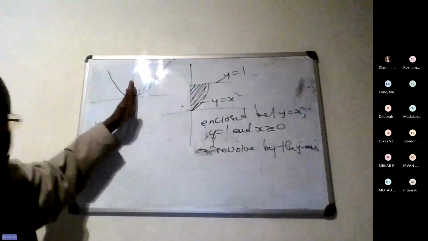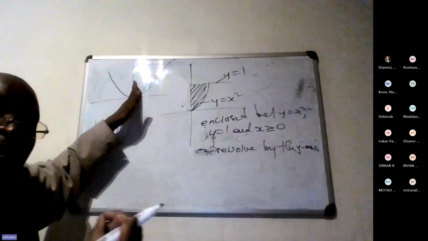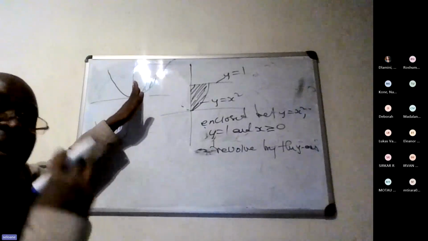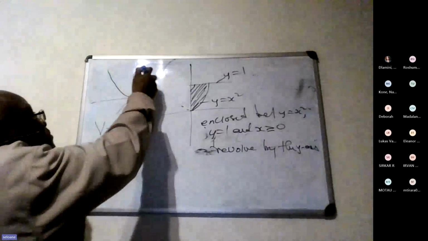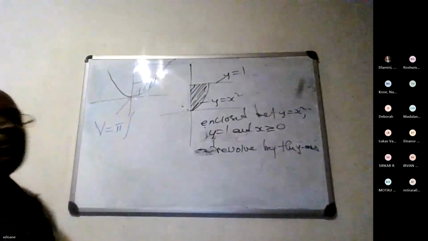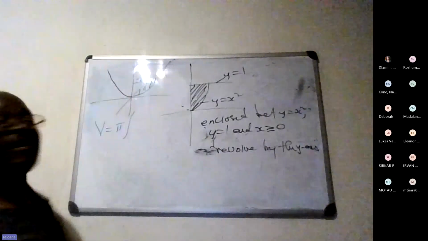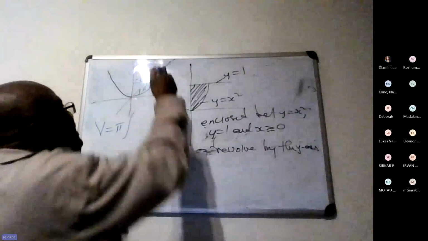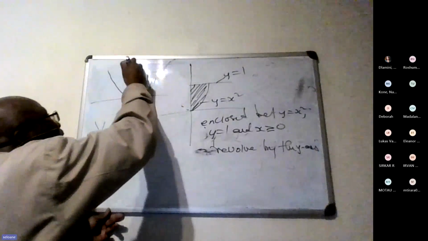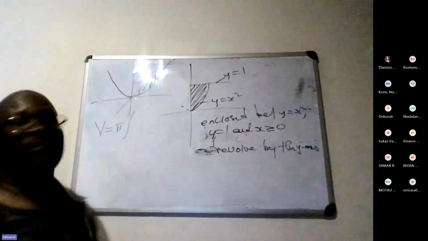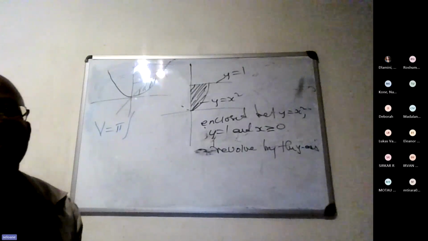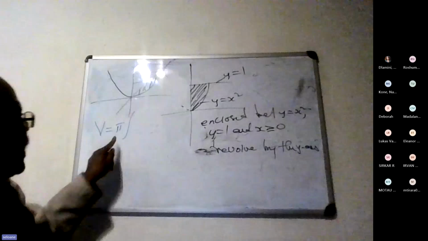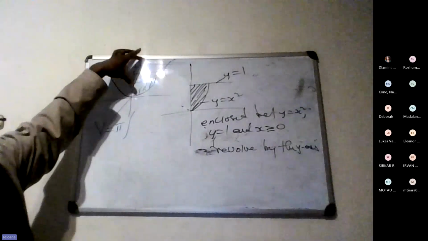But if this line of rotation is not part of the boundaries of the region that we're spinning, then we're going to get what is called small r. This is small r. And this one here will be capital R. Hopefully you understand it.